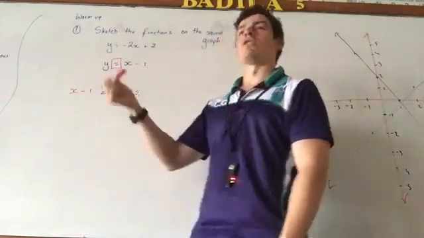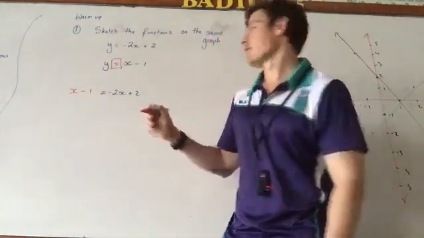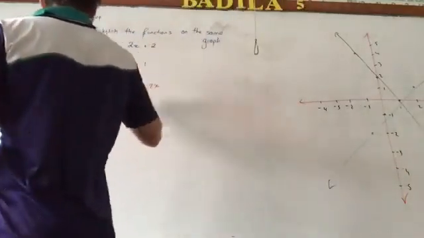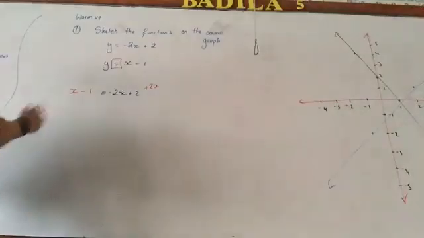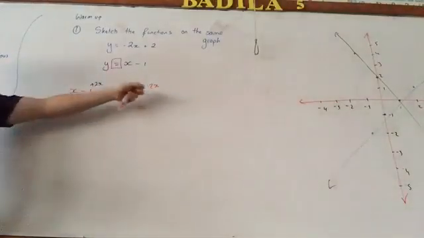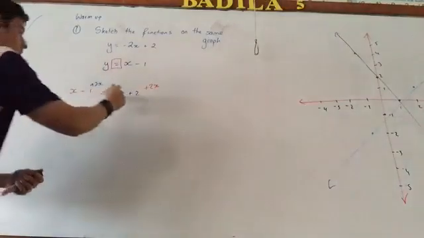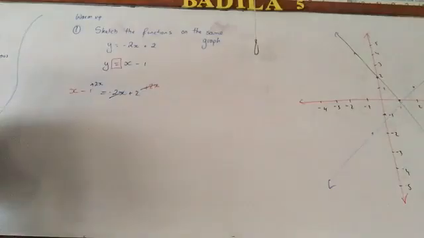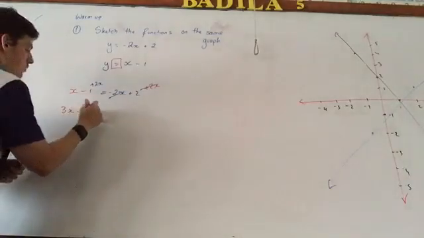How do I get rid of minus 2x, Victoria? Add 2x to both sides. I'm going to do this in blue. What happens to the minus 2x on this side and the plus 2x? What's x plus 2x? 3x minus 1 equals?